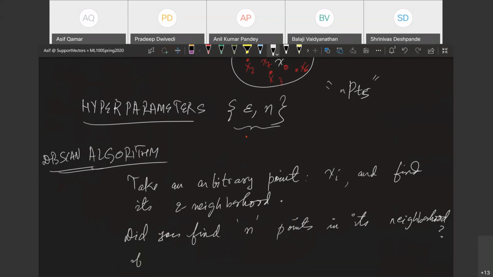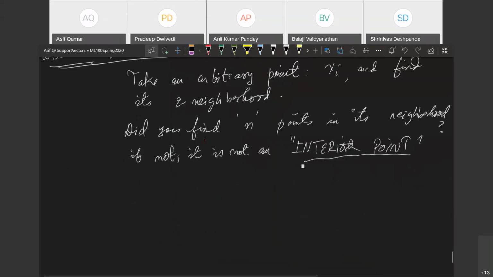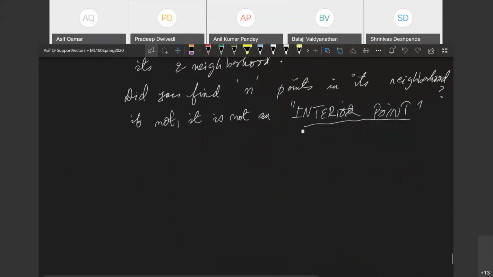If not, it may be an outlier. You don't know, right? If not, it is not an interior point. Then what you do, you can just sample around and try another data point till you find an interior point, a point whose epsilon neighborhood is dense.